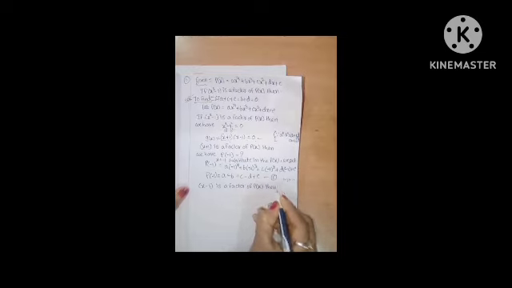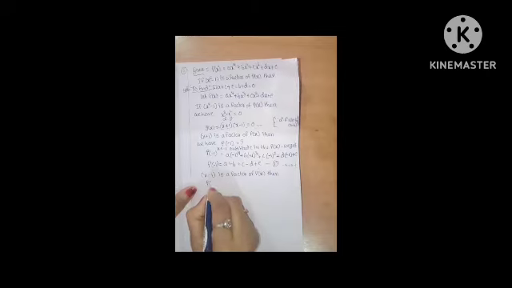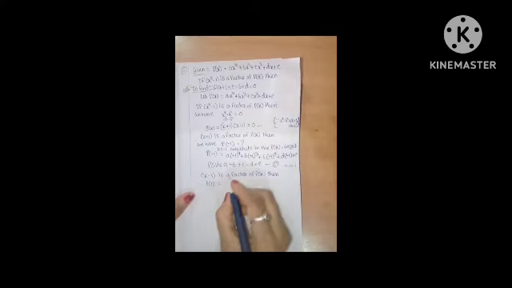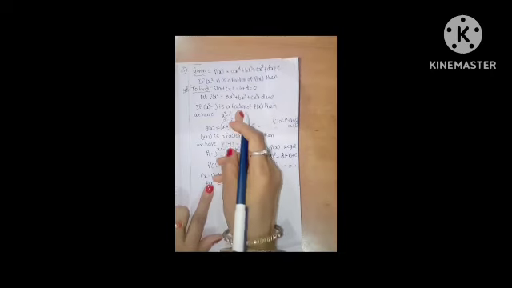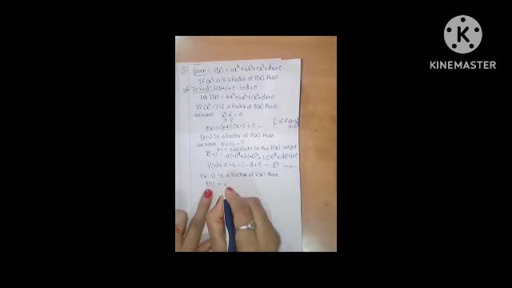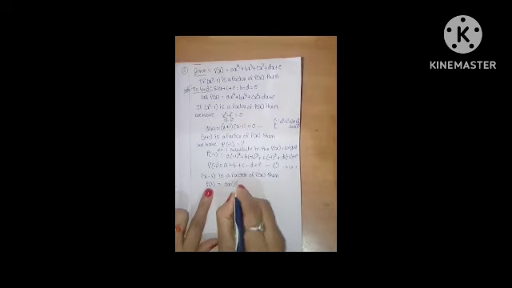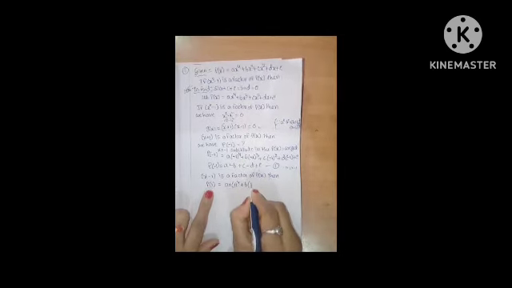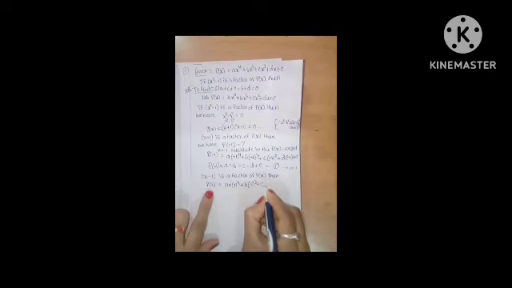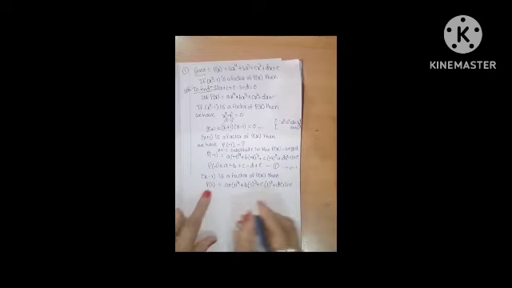Then what will we get? p of 1 equal, x in place of 1 value. Substituting in this p of x, a into x to the power of 4 is nothing but 1 to the power of 4, plus b into x cube is nothing but 1 cube, plus c into x square is nothing but 1 square, plus d into 1 plus e.